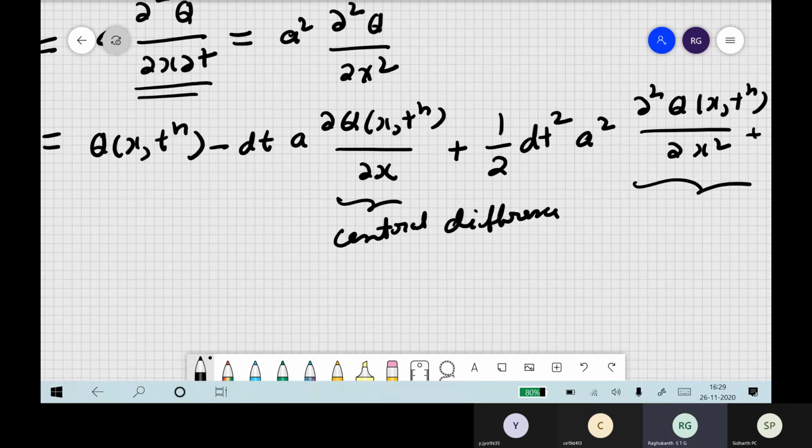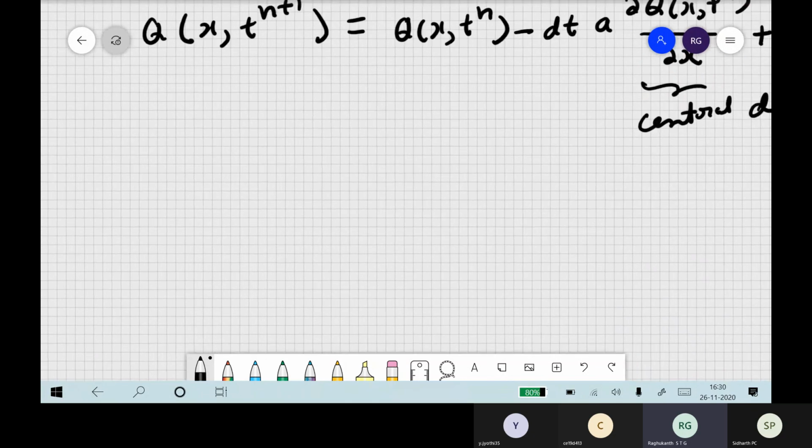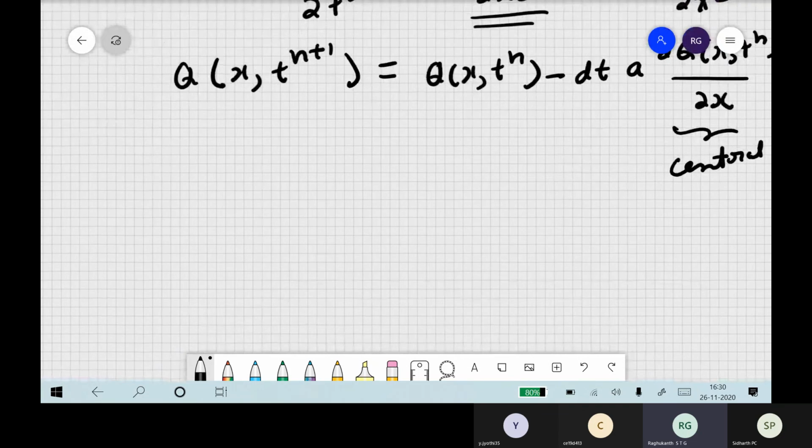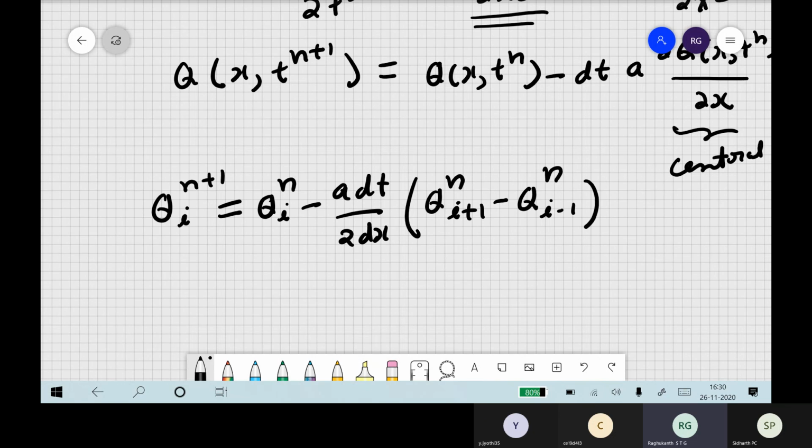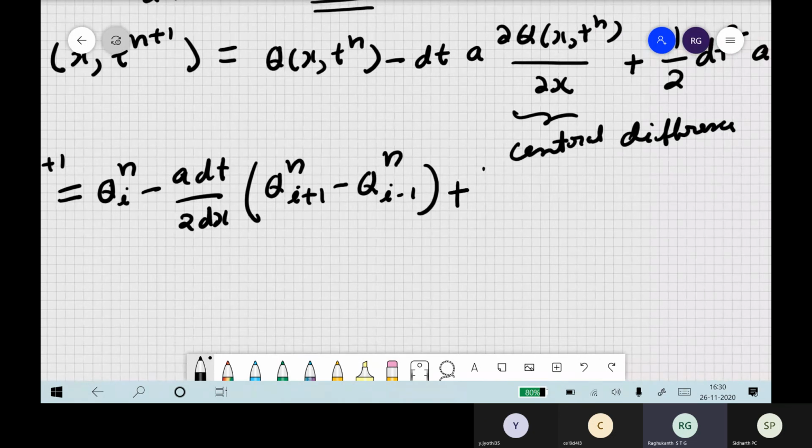If you use a central difference scheme here, for the space derivatives, we will get the Lax-Wendroff scheme. So q_i^(n+1) equals q_i^n minus a dt by 2 dx times (q_(i+1)^n minus q_(i-1)^n), plus half times (a dt by dx) whole square.